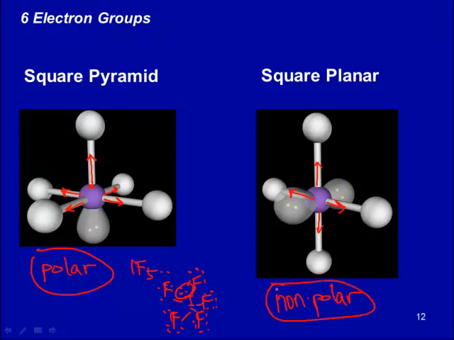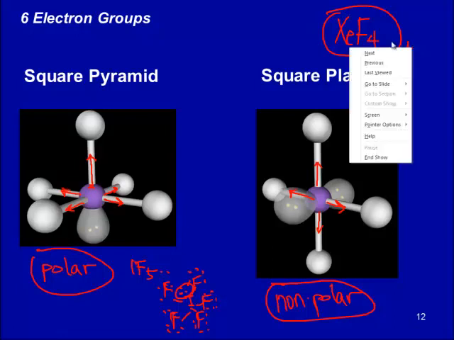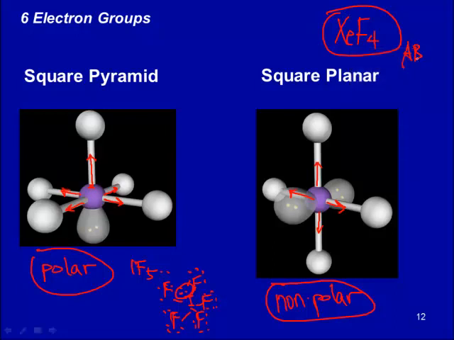A case in point, if you want an example, is xenon tetrafluoride. You can write it out. It fits into the AB4E2 notation or class.